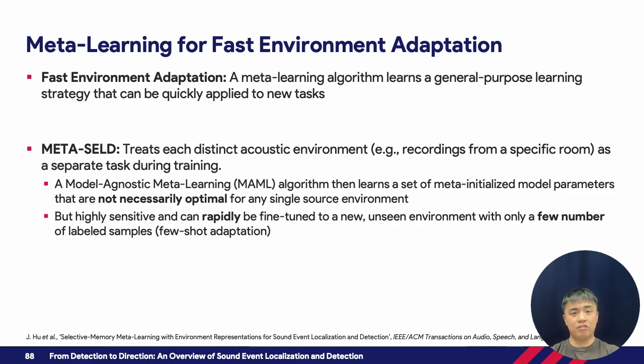It then uses an algorithm called model-agnostic meta-learning to find a set of meta-initialized model parameters. This initialization point isn't optimal for any single environment, but it's an excellent compromise from which the model can be rapidly fine-tuned to a new unseen environment with just a few labeled samples, and this process is known as few-shot adaptation.